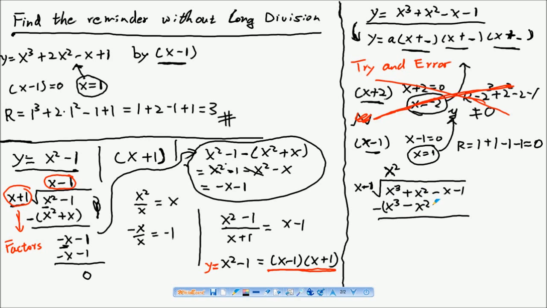Okay, so minus x, and this should be plus 2x.